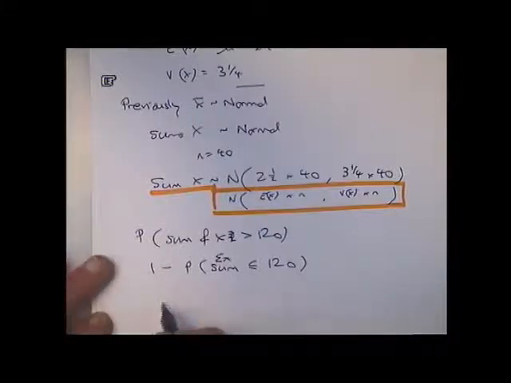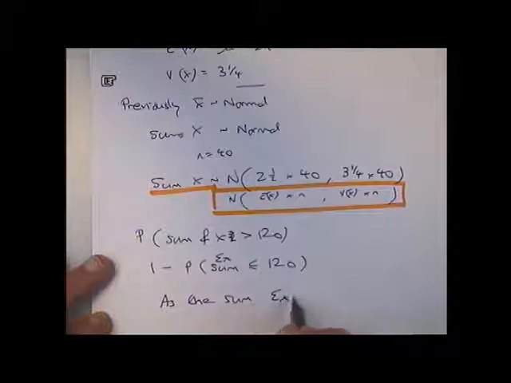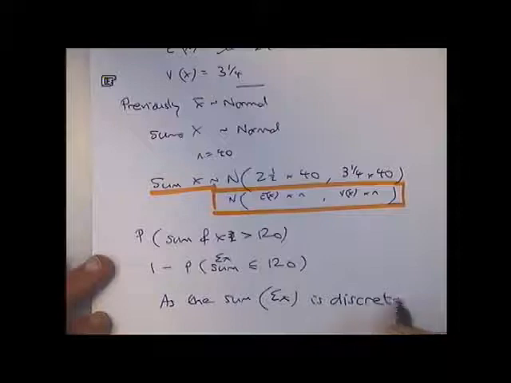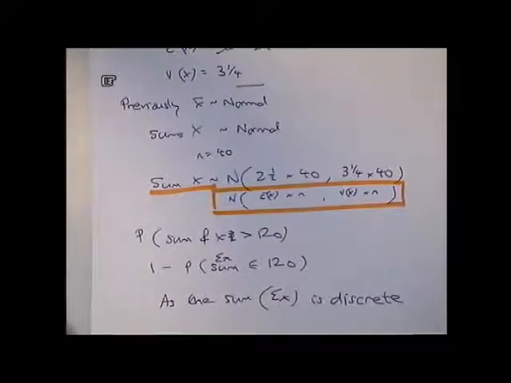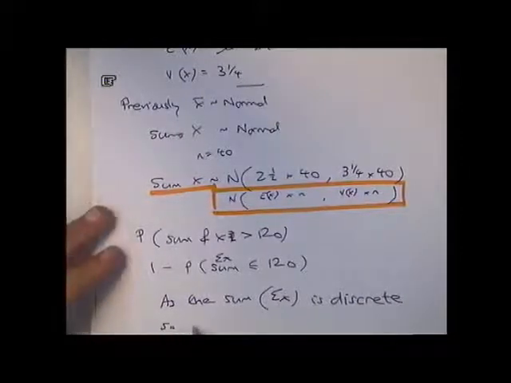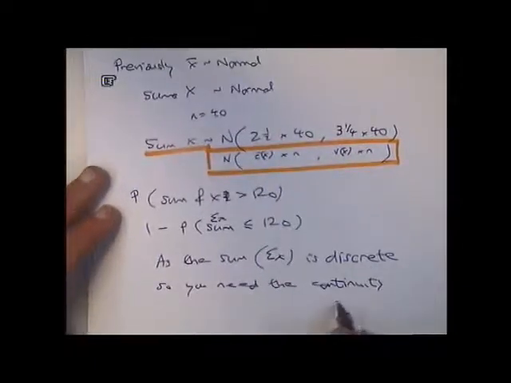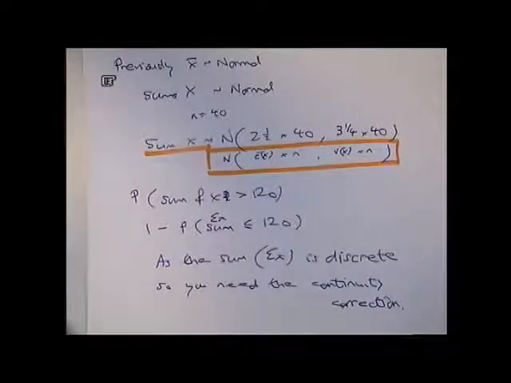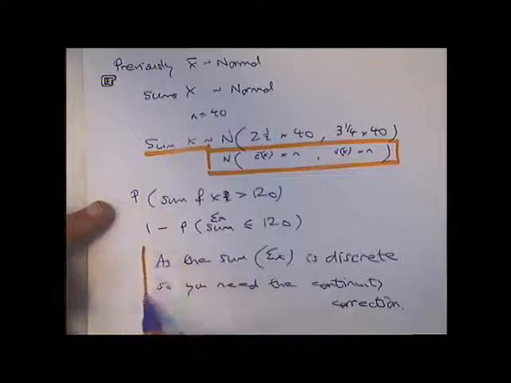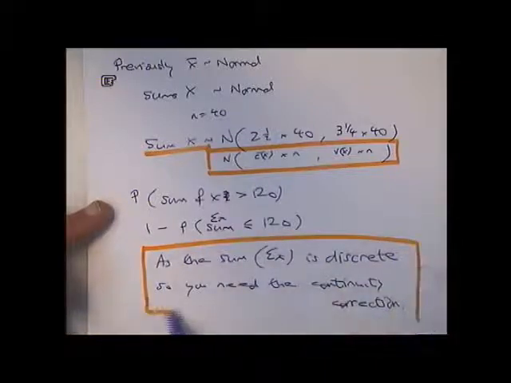The sum, or sigma x, is discrete because you are adding up loads of discrete things, so you do need the continuity correction. You don't need it for x bar, but you do need it for the sum of x values.